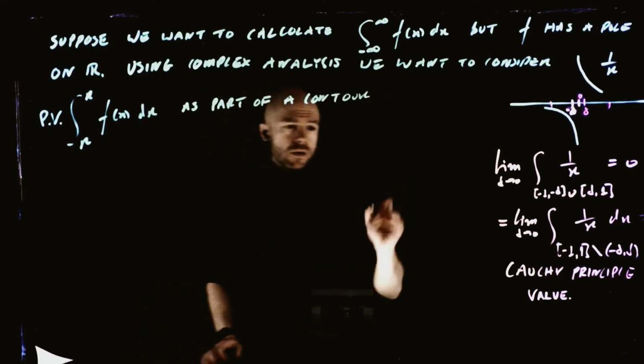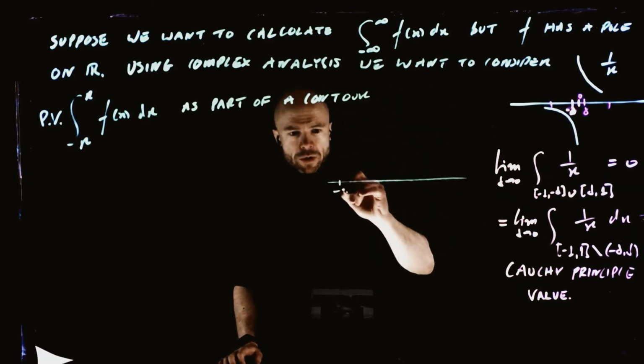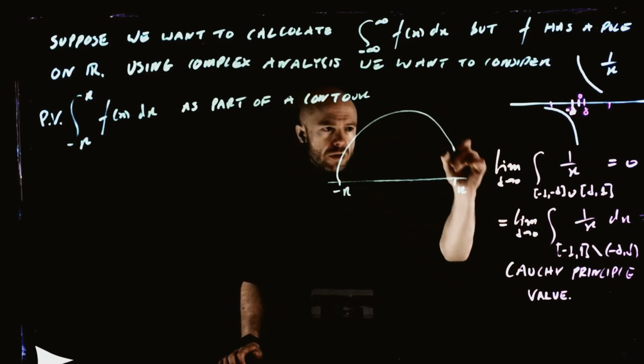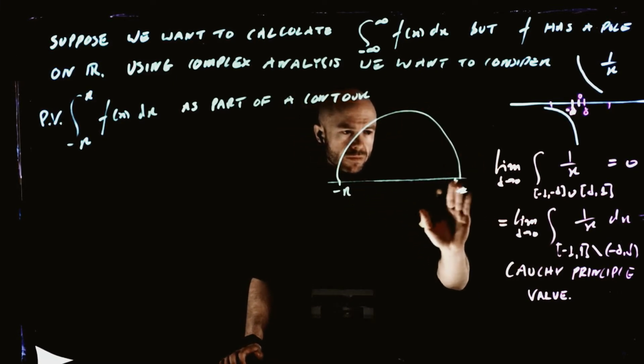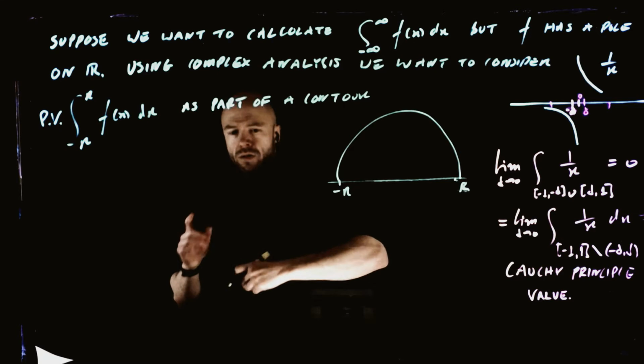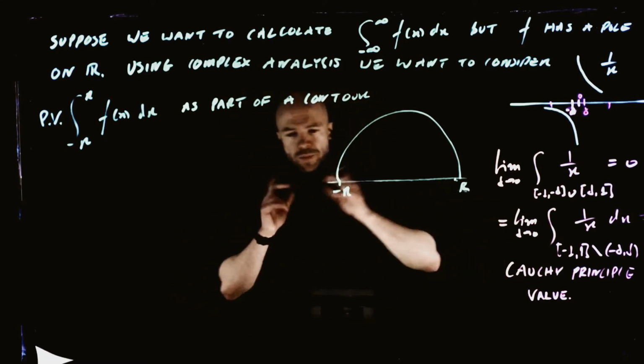Yeah. So we've been making the selections of a rectangle or a semicircle, right, where we went from minus r to r, like this. We can do a semicircle whenever the degree on the bottom of the rational function is at least the degree on the top plus 2. Then a semicircle works.